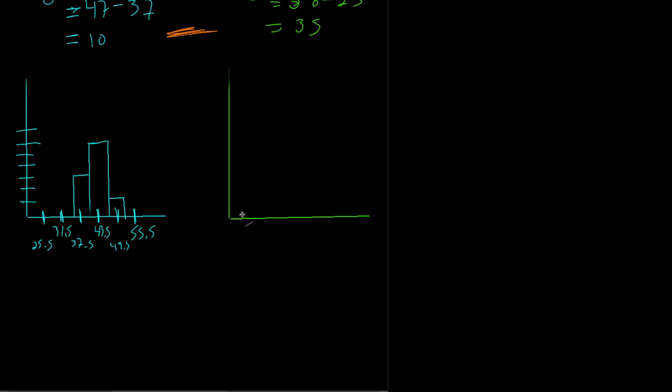Well, let's use the same scaling over here. And so this is 25.5, 31.5, 37.5, 43.5, 49.5, and 55.5. And again, we'll go up by ones. And that's all we're really going to need to do here. And if we look at that, the first bin here goes up to 1.